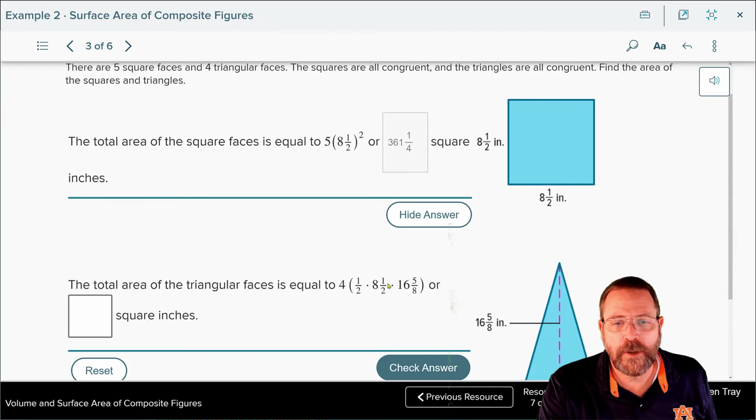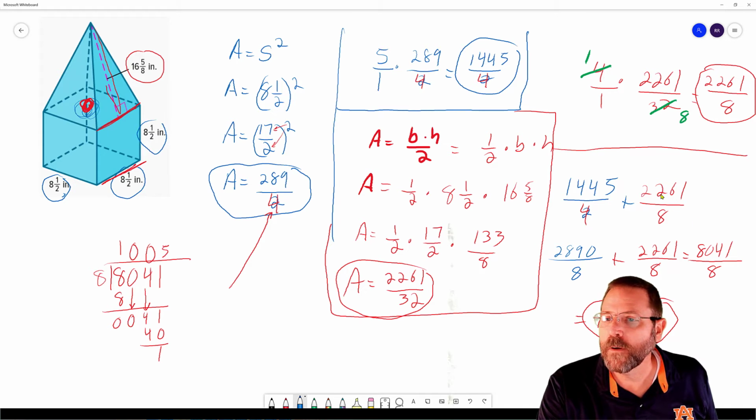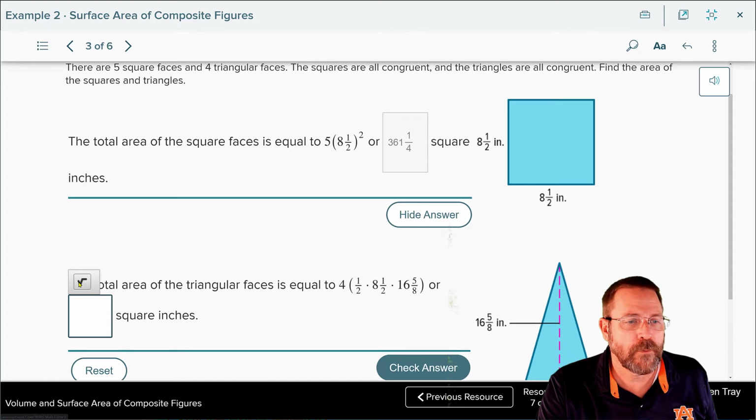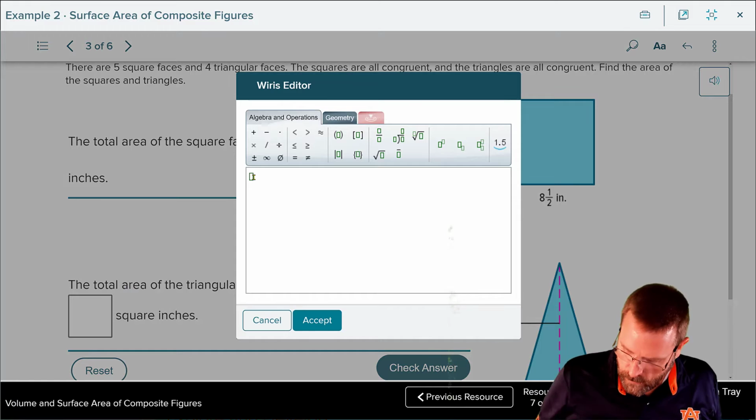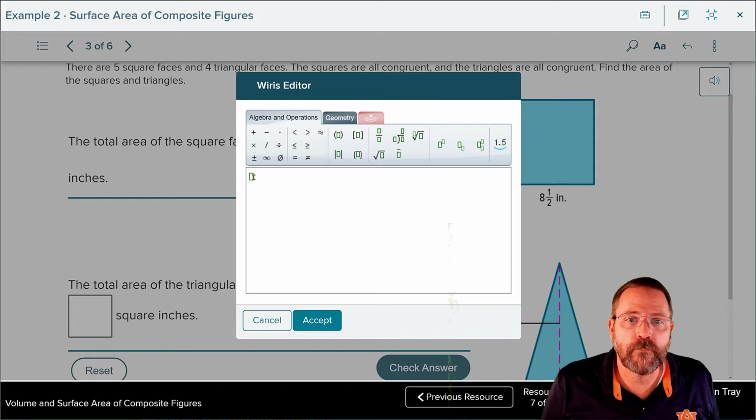Now the triangular faces equaled, let's see if we got that part right at least. We said 2,261 over 8. So let's see if they're going to give us that. Oh, they're going to want it as a mixed number though, for what they're checking.